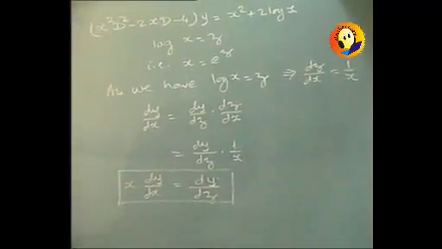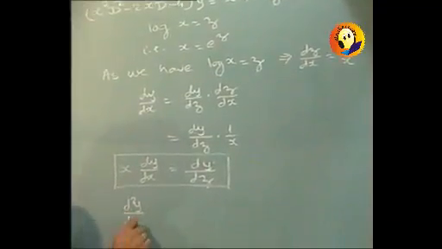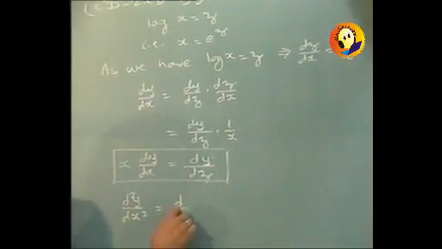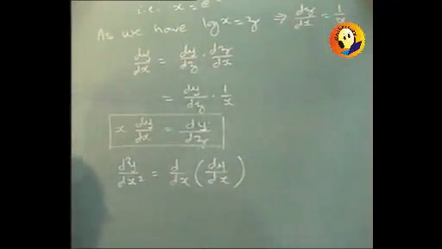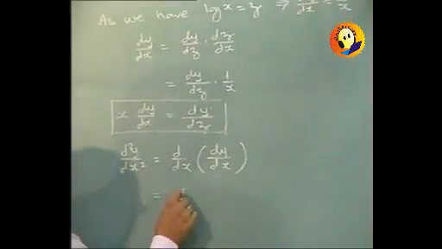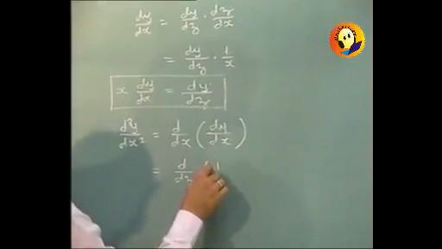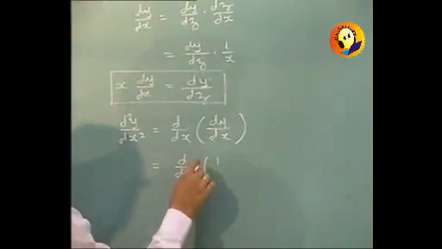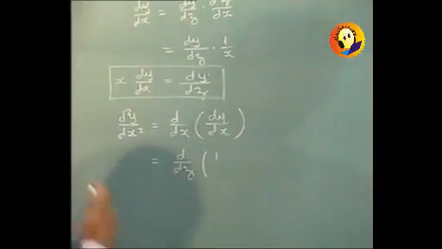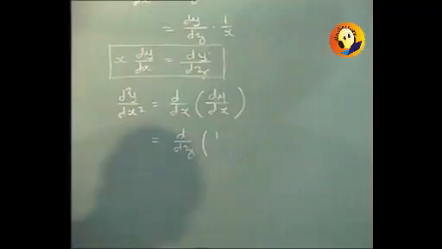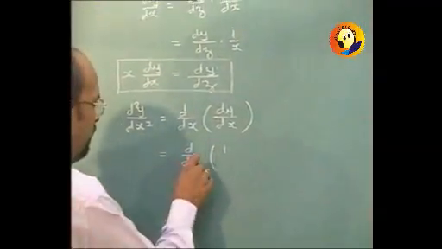Let us proceed further to find out d2y by dx square. d2y by dx square can be written as d by dx of dy by dx. Let us keep this d by dx as it is.